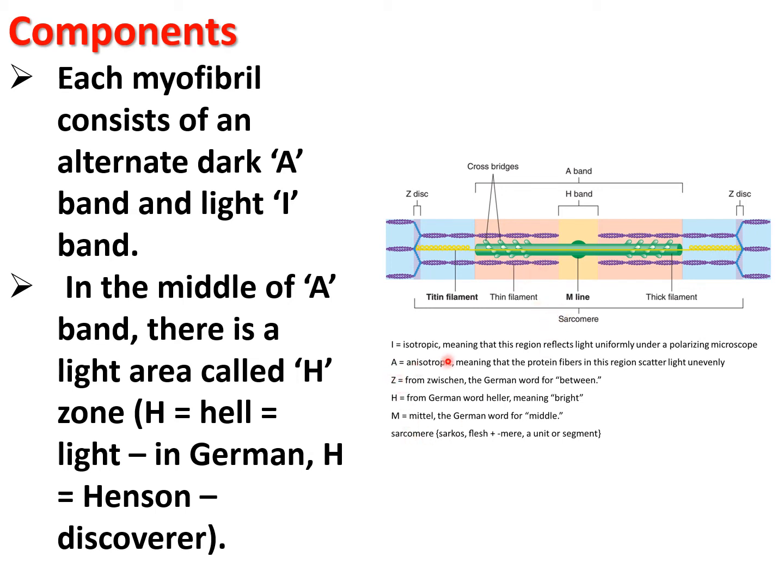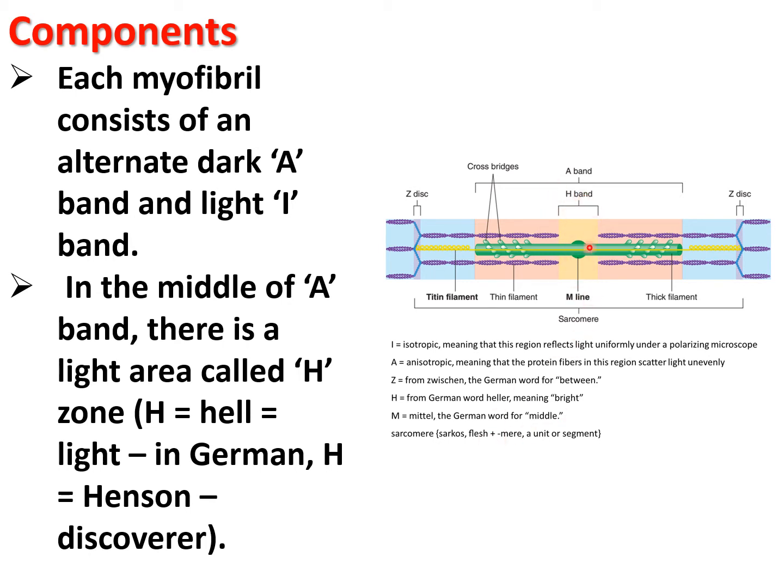I means isotropic, meaning that this region reflects the light uniformly under a polarizing microscope. And this is the Z disc. In between these two Z discs, the area is known as the sarcomere. And H is from the German word heller, meaning bright. This yellow portion is known as the H band.